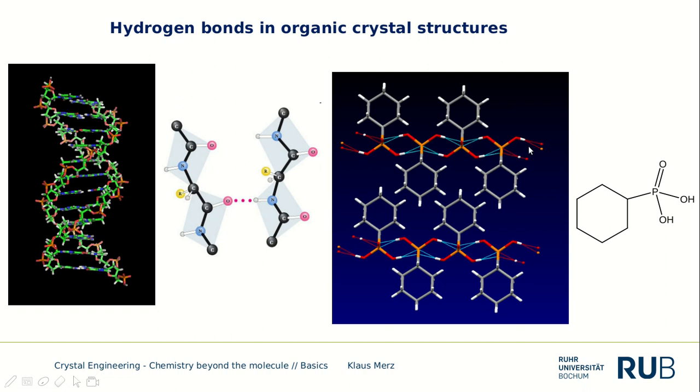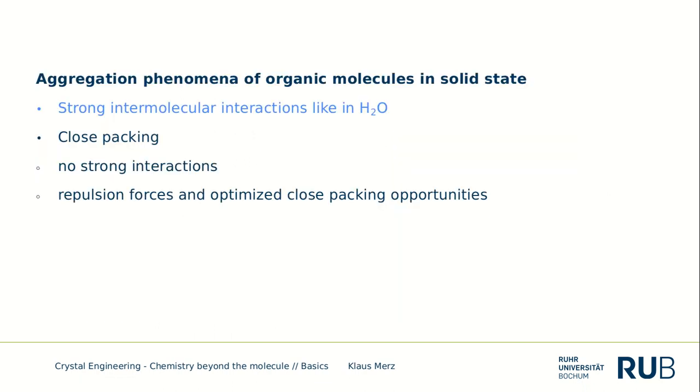One thing is here a layer formed by hydrogen bonds, and then additionally you see here the phenyl groups are staggered, ordered. Well, okay. You have strong intermolecular interactions like in water, this is one thing. Directional interaction, we will come back to this point, directional interaction.